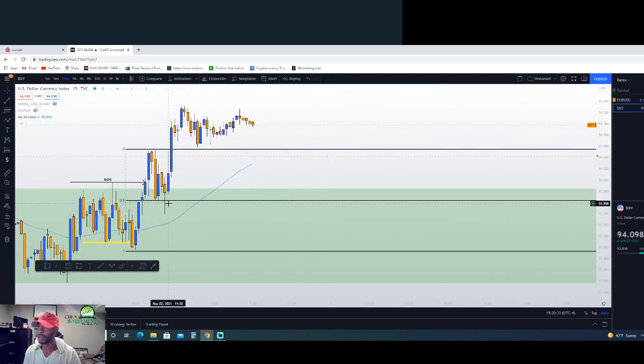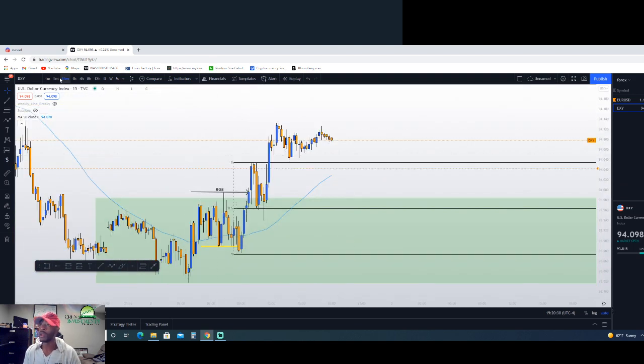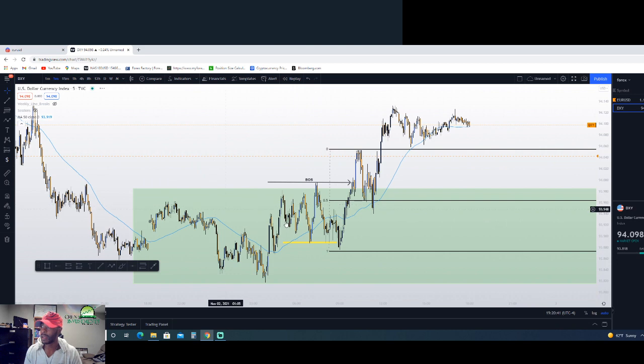Well, almost the same time. I thought it hit at the same time. So 11:15, it hit almost the same time. But essentially, what you can do is use the dollar to your benefit.